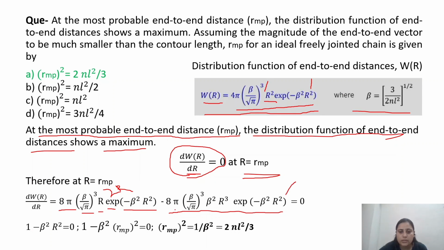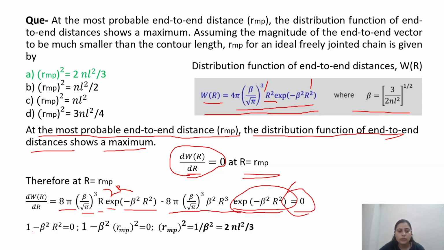So minus, since there is this minus, so minus 2r, so minus 4 into 2, which is 8 pi beta by root pi to the power 3, then beta square, and r square was already there, and then 1 r multiply is r cube, and then the exponent function minus beta square r square, which we will equate to 0.